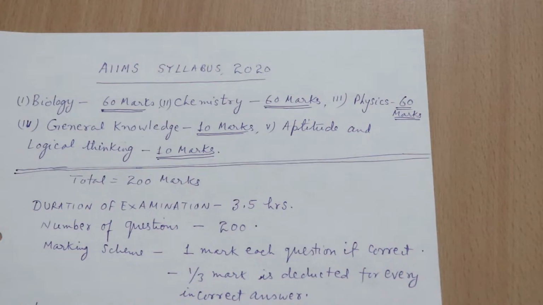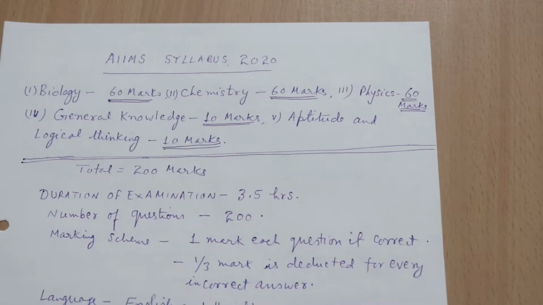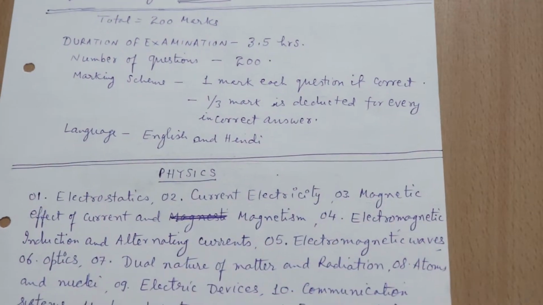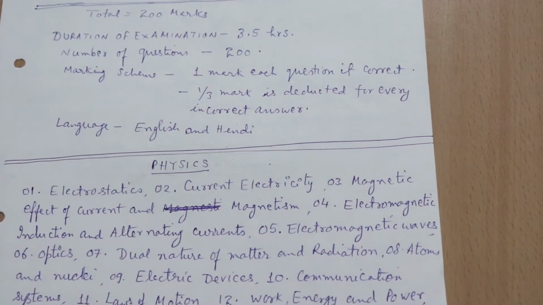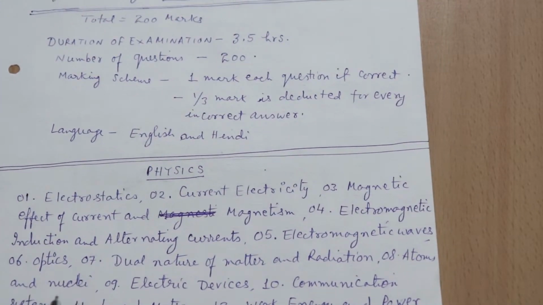Okay. So let's start with the physics part. Number 1 will be electrostatics. Second, current electricity. Third, magnetic effect of current and magnetism.